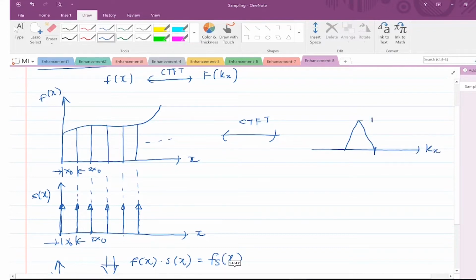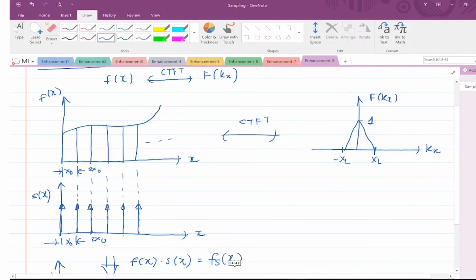For the sake of simplicity, you consider the magnitude to be 1. Of course you could consider anything there, and here let's call this xl, the maximum value. Also assume that this is symmetric. This is capital F of kx.